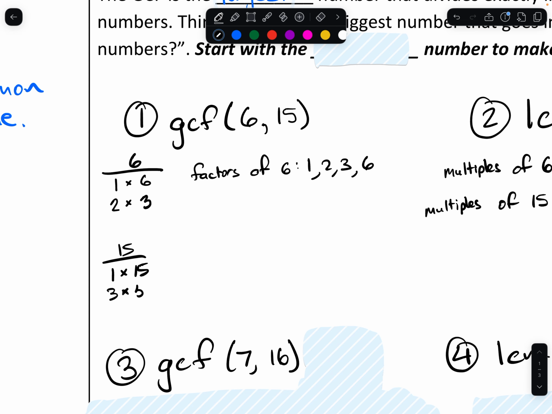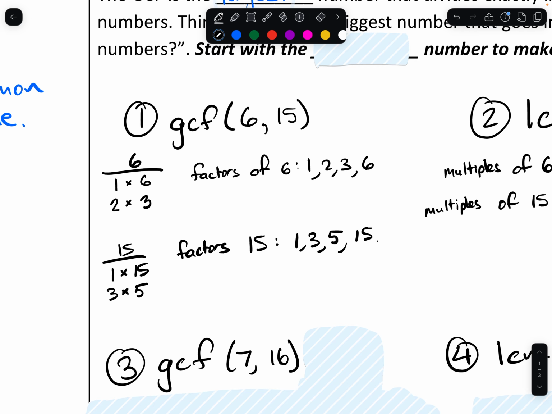It's 3 times 5. How about 4? Oh, 4 doesn't go into 15, and 5 would put us with a number we've already listed, so I'm going to go ahead and erase these, and I know I'm done. I've listed all the factors of 15. It's 1, 3, 5, and 15.